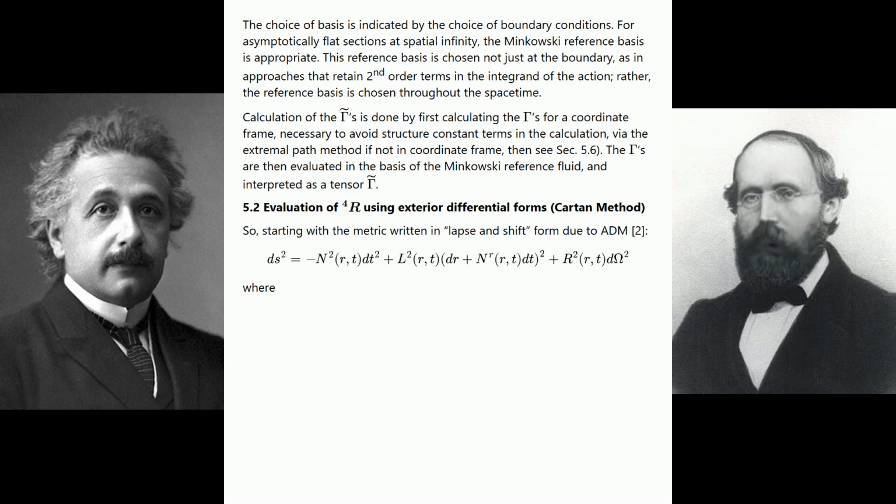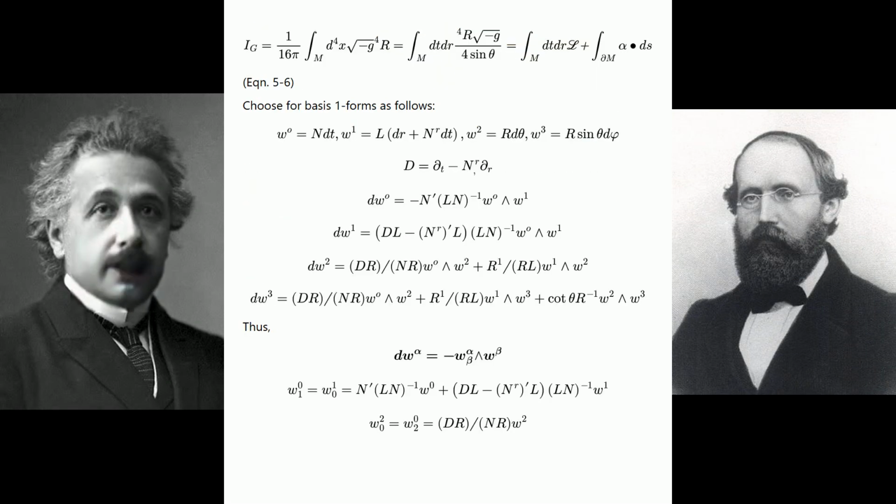5.2 Evaluation of 4R using exterior differential forms, the Cartan method. So, starting with the metric written in lapse and shift form due to ADM, see the equation shown, where see equation 5-6. Choose for basis 1-forms as follows. See the equations. Thus, see the group of equations shown.